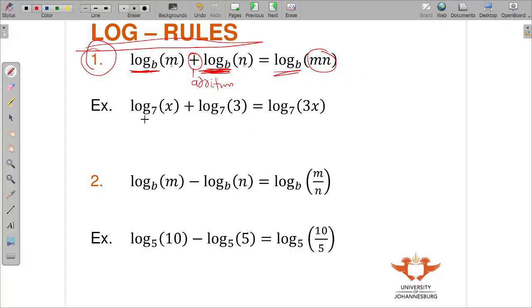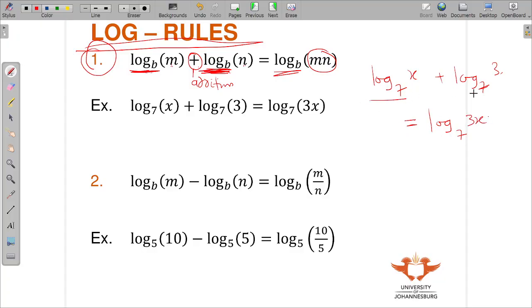An example is when we have log 7 of x plus log 7 of 3. This will simply give us log 7, the same base, of 3 multiplied by x, which is log 7 (3x).